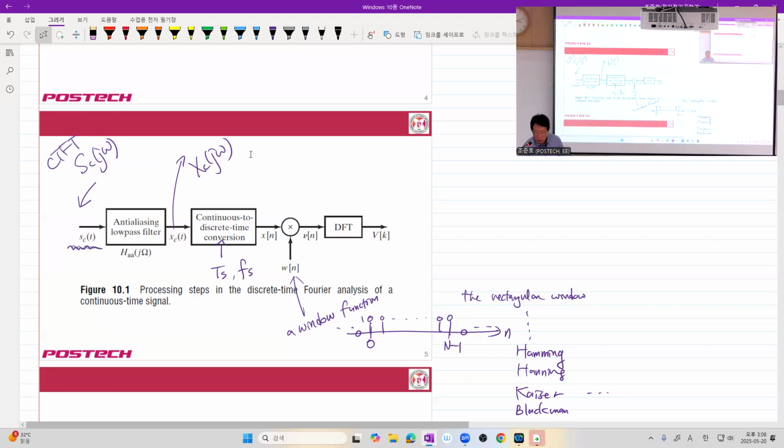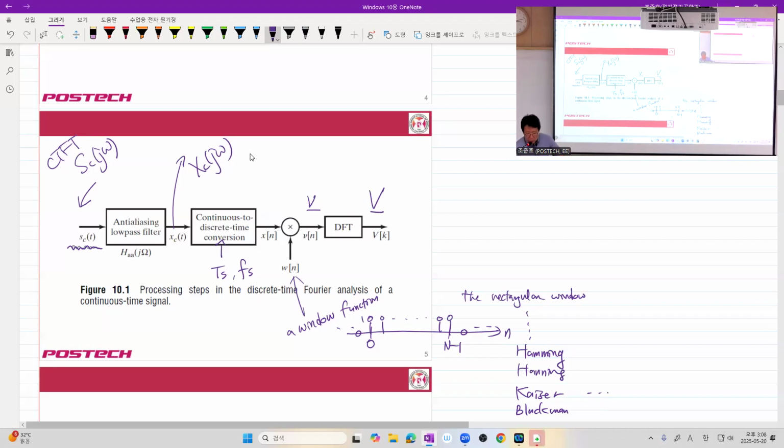Got it? So actually a vector goes into the DFT block, and you have a vector coming out from this block. And the question is, by using this one, estimate the CTFT. Got it?